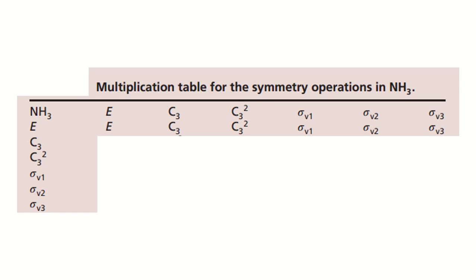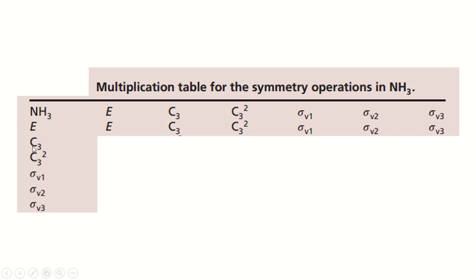It means that identity commuting with identity yields the identity operation, then identity with the C3 rotation operation yields C3, and identity with C3 twice also yields C3 twice. Similarly, when identity is performed and then we perform sigma V1, the result is sigma V1, and sigma V2 and sigma V3 subsequently.